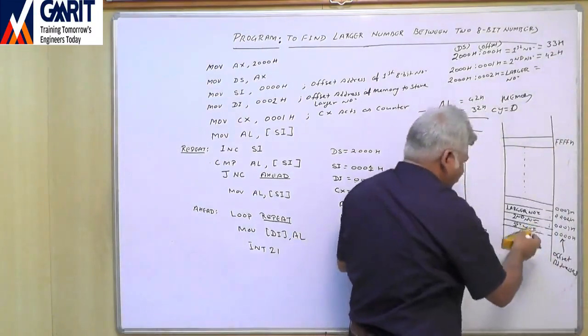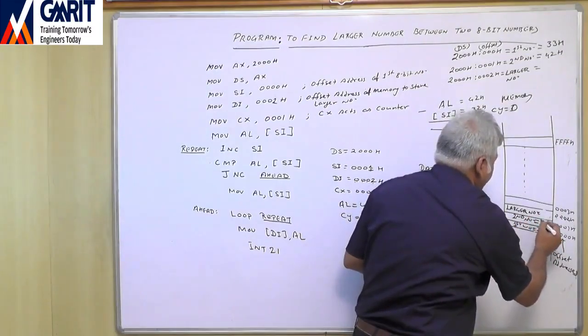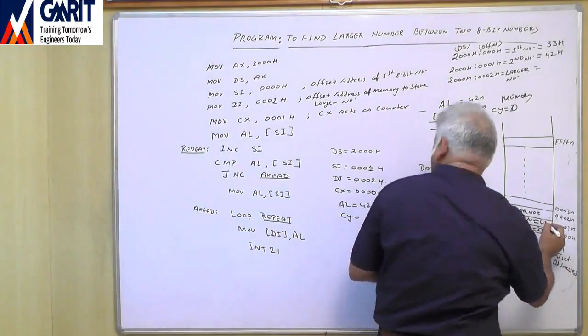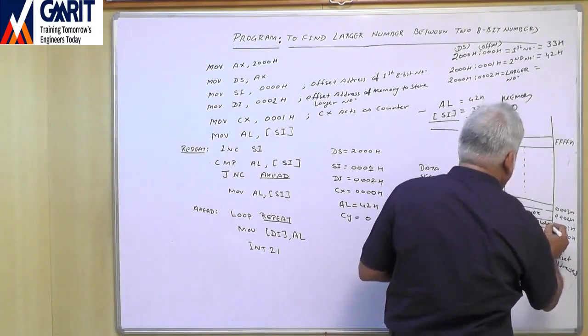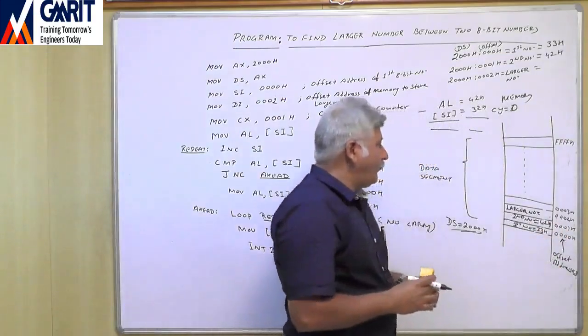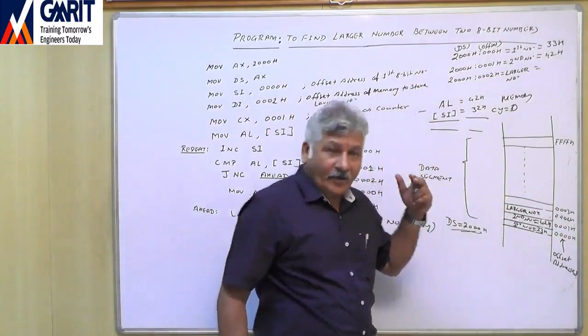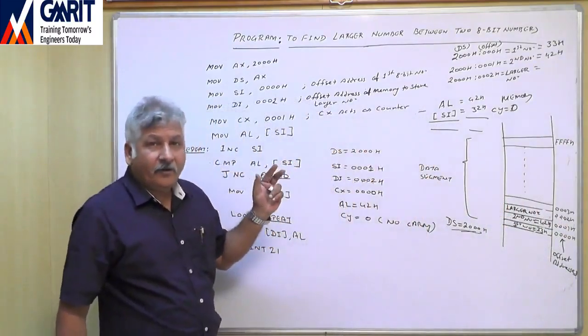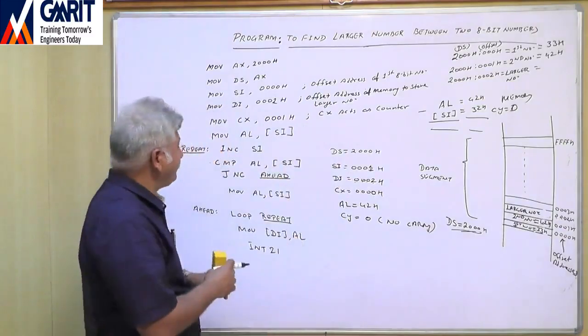If we change the sequence of the numbers, first we store 33H and then 42H. Whether this program can still find the larger number, we will check.